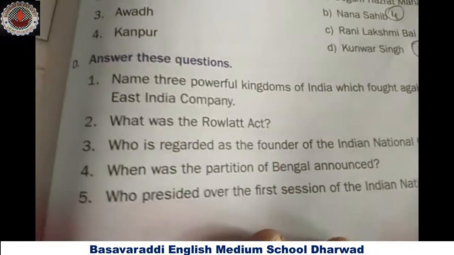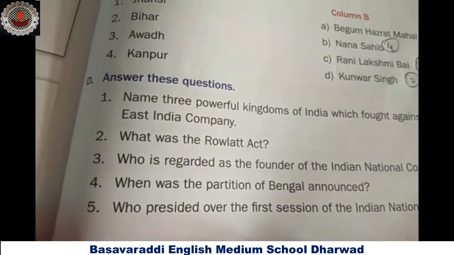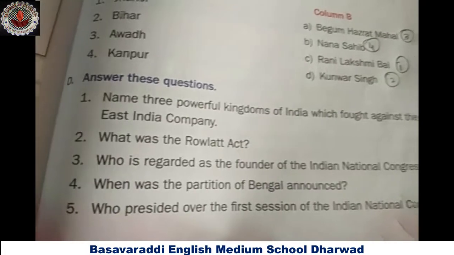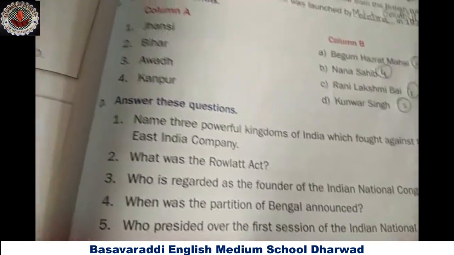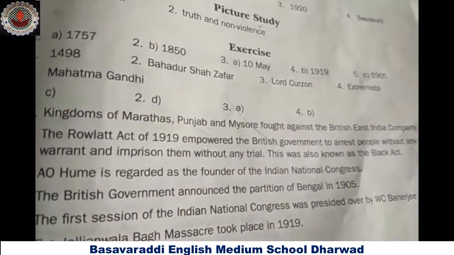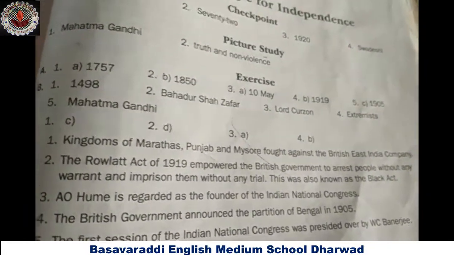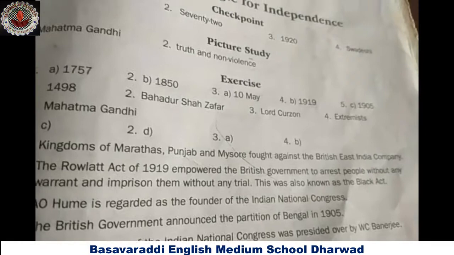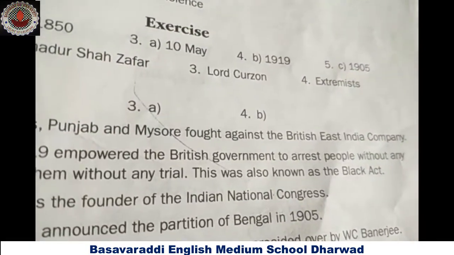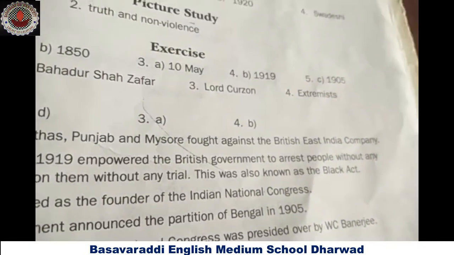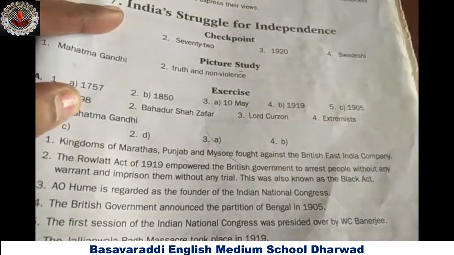The second question is, what was the Rowlatt Act? The Rowlatt Act of 1919 empowered the British government to arrest people without any warrant and imprison them without any trial.